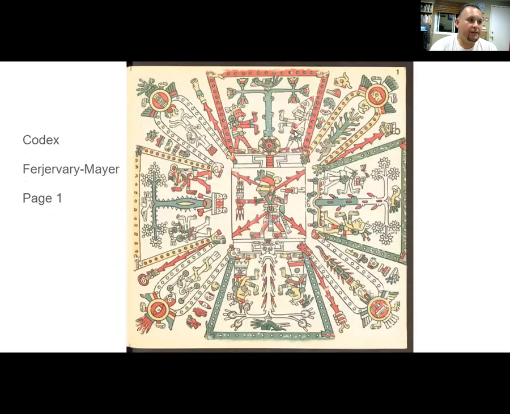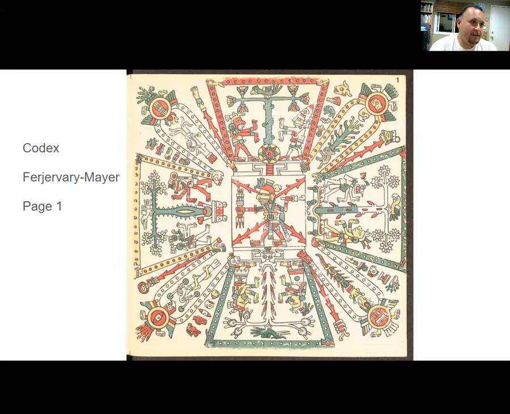This is the first page of the Fejérváry-Mayer. Famous scene here. Again, if you saw the calendar lesson already, this is review. You got xiuhpohualli here. This is the alligator. Miquisli, death. Osamatli, monkey. And vulture.